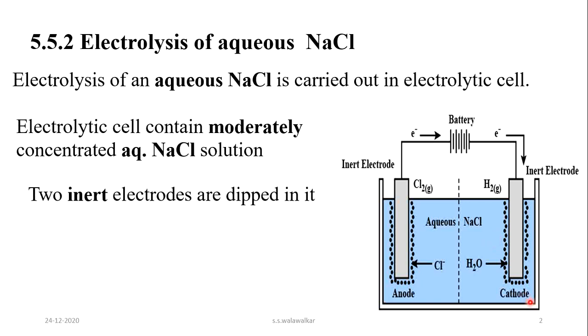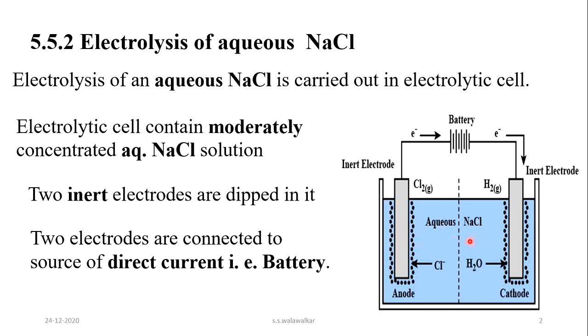In this electrolytic cell, two graphite rods or platinum rods, which are inert, are dipped in the electrolyte solution. These two inert rods are connected to a source of direct current, that is a battery. The electrode connected to the positive terminal is called the anode, and the electrode connected to the negative terminal is called the cathode.